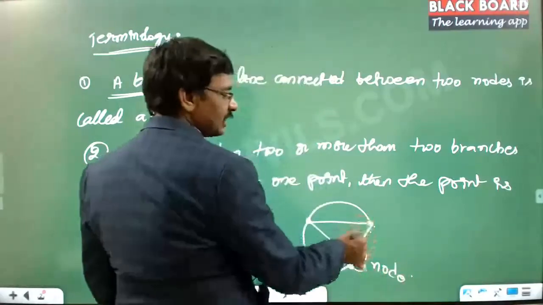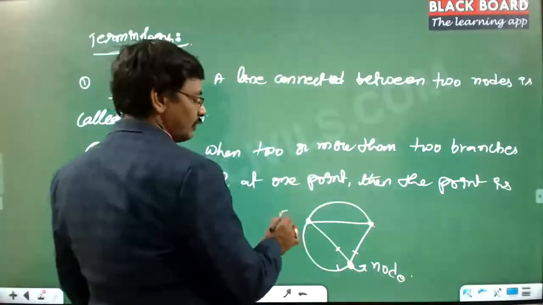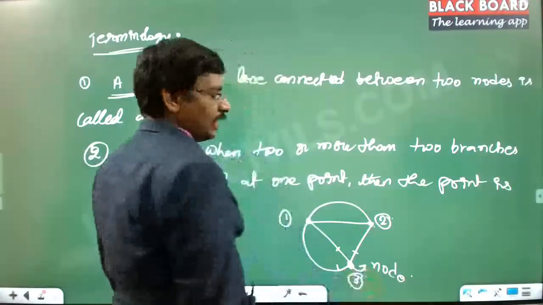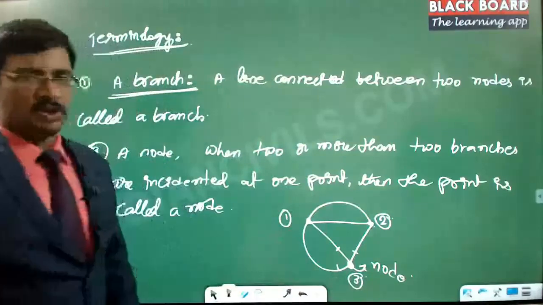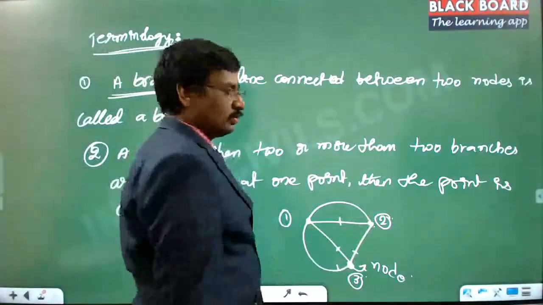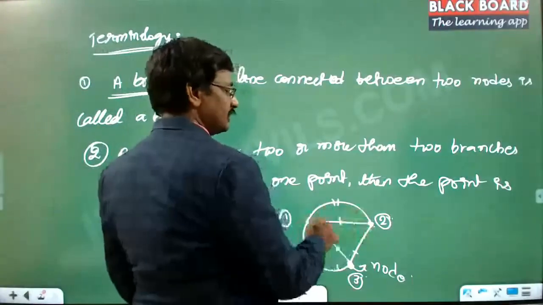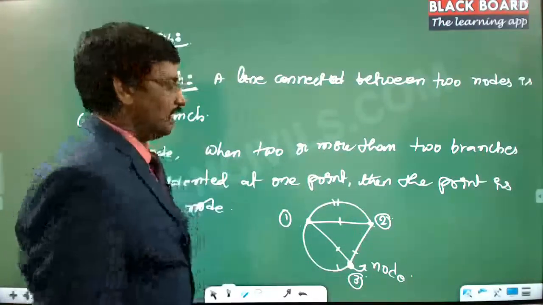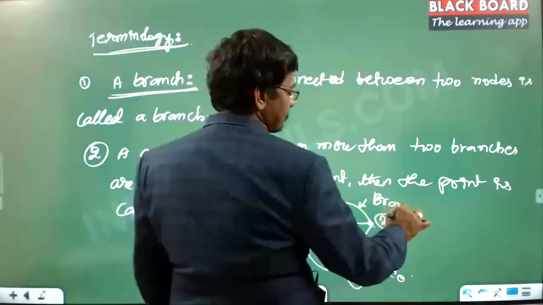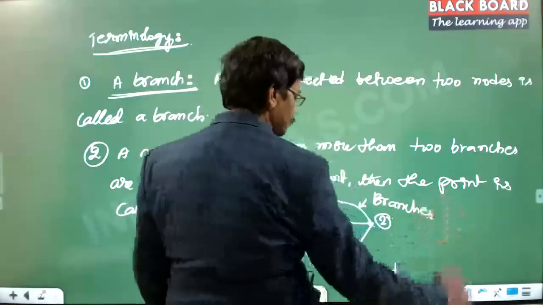This is node number 1, node number 2, and node number 3, and anything connected between two different nodes, for example between 1 and 2, and there is one more branch connected between 1 and 2. All these lines we call branches.